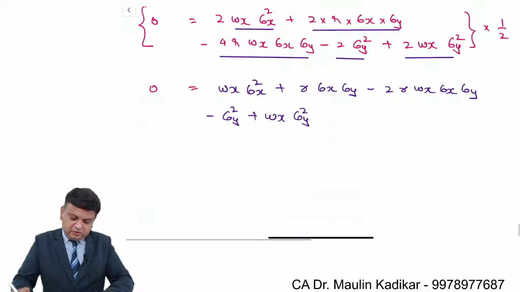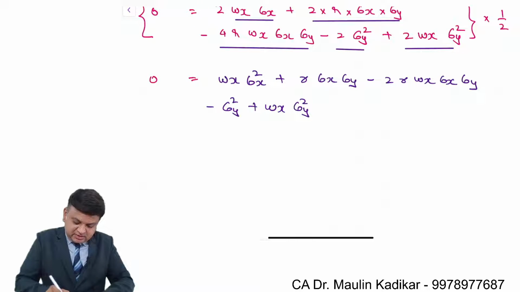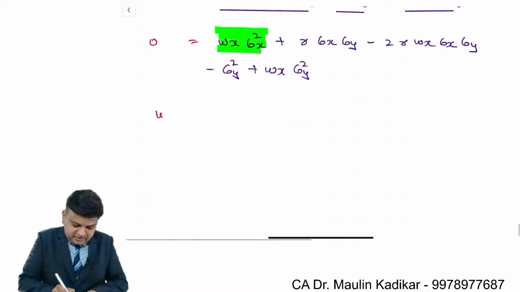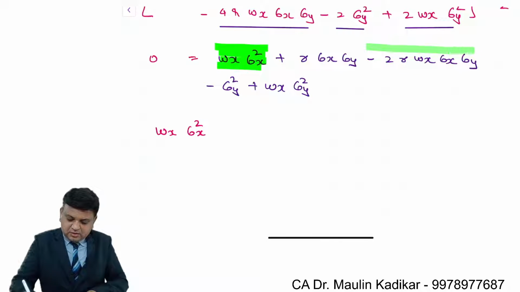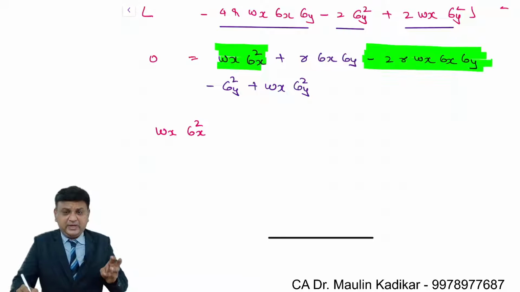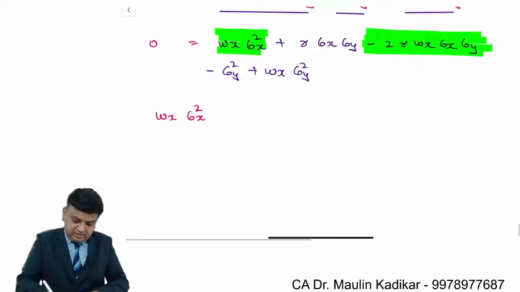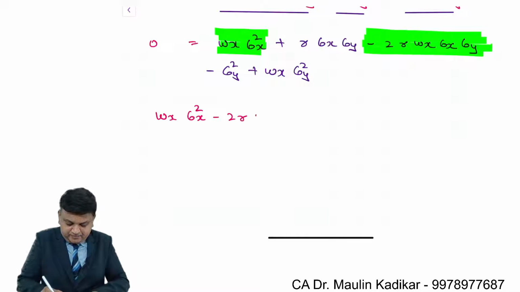Now friends, what we will do? This wx sigma x square, I keep it over here. Wx sigma x square. Then minus 2 into r into wx sigma x sigma y.